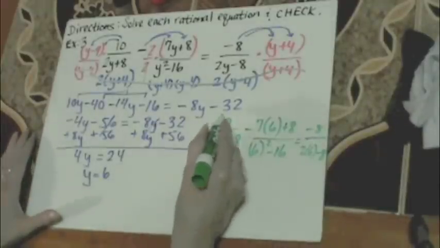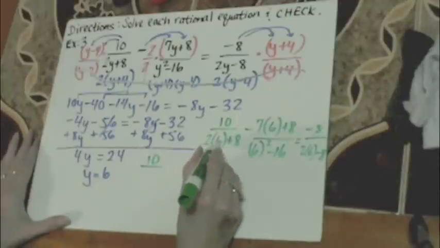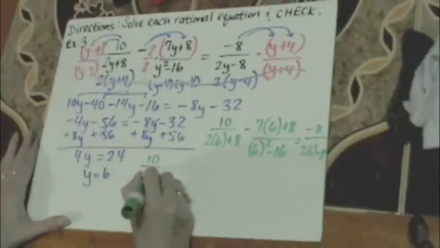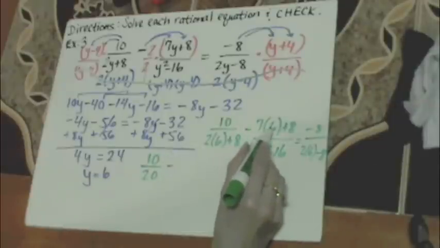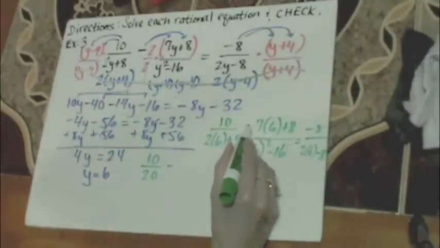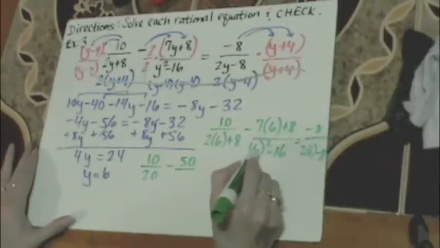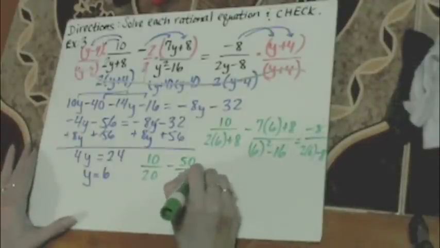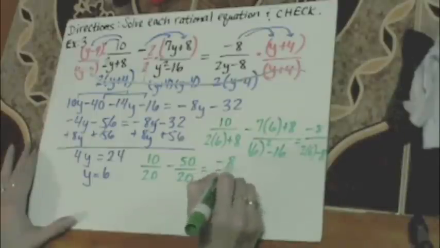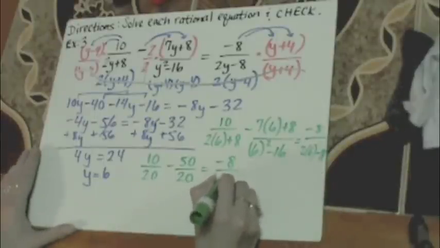Okay, so then I'm just going to compute this. I'm going to bring this down here where my green is. So then 10 divided by, this is 12 plus 8, which is 20. I'm going to leave that denominator because I have a feeling it's going to be the same. So then 7 times 6 is 42. 42 plus 8 is 50 times a negative is negative 50 divided by 36 minus 16 is 20 equals negative 8 divided by, and this is 12 minus 8, which is 4.